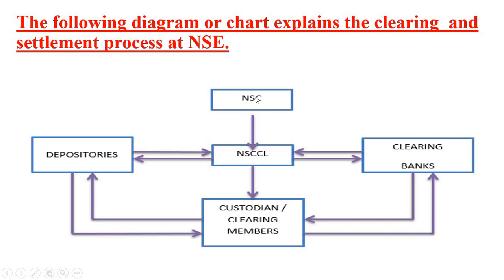The first and foremost step: all the trade details, whatever we buy and sell, go from National Stock Exchange to NSCCL. Already I told you which is the clearing corporation, right? What is the NSCCL, which we discussed in a previous slide?